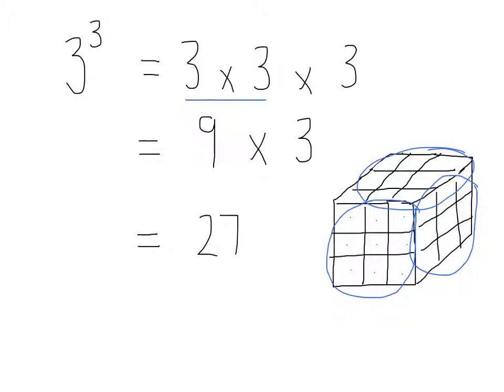Now some of you out there in YouTube land might be asking yourselves, why do we bother showing equations such as 4 squared or 3 cubed? Well, there's a good answer to that, and it's coming up in about 2 seconds. The reason why we show an equation like this is it saves space and time.